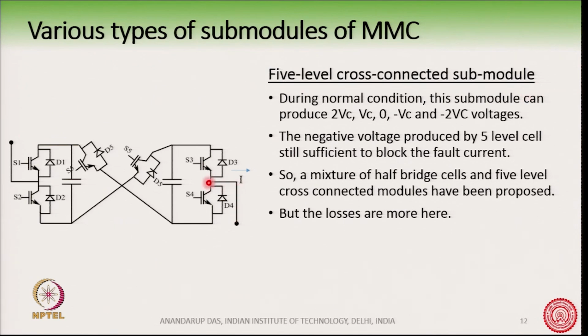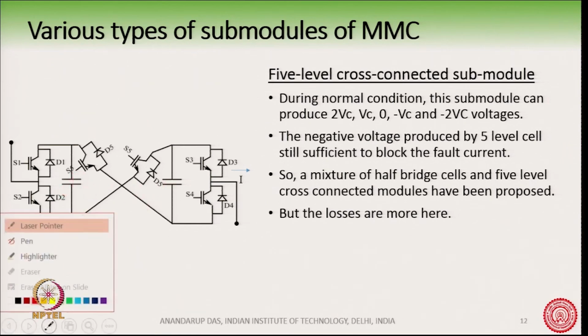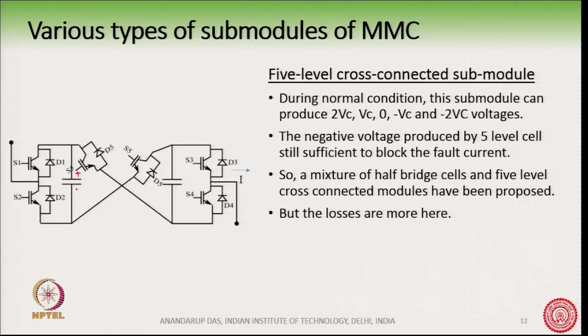So, this voltage here will become 5 level. How can it become 5 level? You can make it like this: this is Vc and this is also Vc.